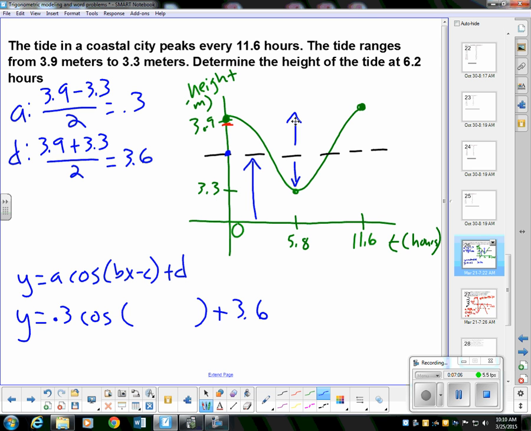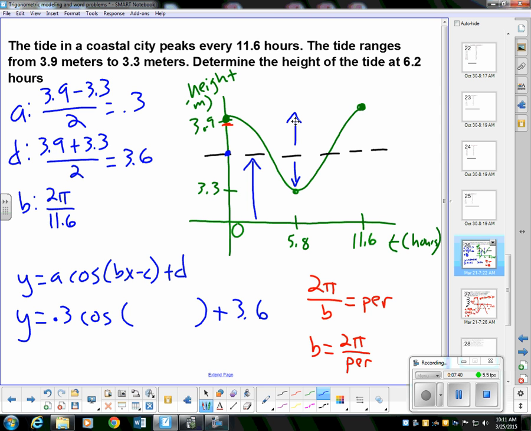Now the next thing we want to find is b. From our work, I'm going to do this over to the side right here, then I'm going to erase it. Here's what we know from graphing: 2 pi over b was the period. So from an algebra perspective, b is 2 pi over the period. Our period is 11.6.